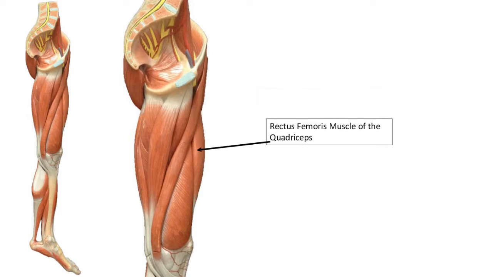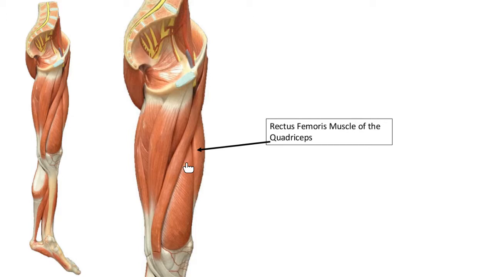So the first one that we're going to see, and this one is the most anterior muscle, is the rectus femoris muscle. For my tests, you don't have to write down quadriceps. You can just write down rectus femoris muscle. All right, so rectus femoris.